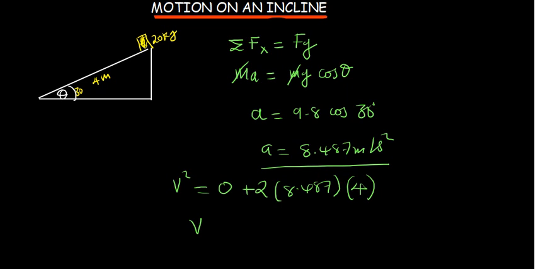So just say 2 times 8.487, then times 4. Take the square root of the answer. So velocity is going to be about 8.24 meters per second at the bottom. Right? Are we good?